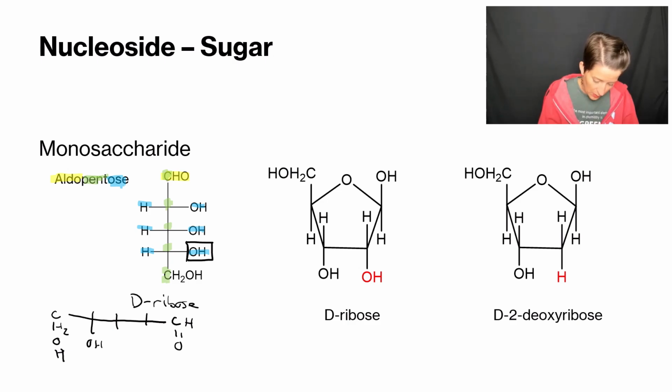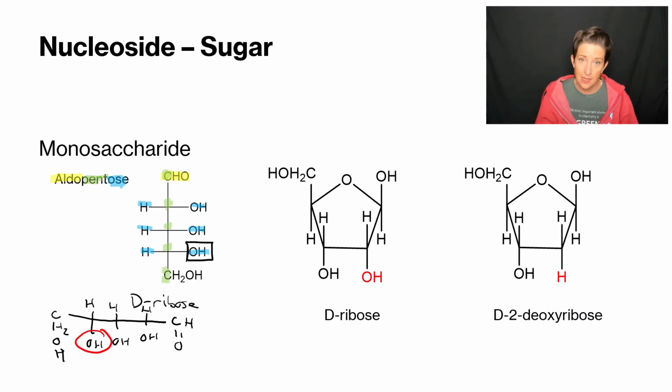Those OH groups were on the right, which is going to put them down in relation to our ring. It is the last chiral carbon, the one that makes that D enantiomer, that reacts with the aldehyde group. Because this is an aldopentose, it's going to make a 5-membered ring.